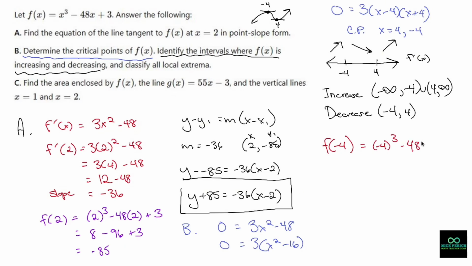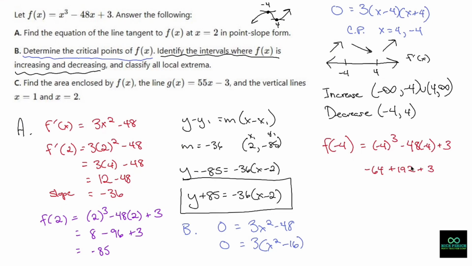minus 48 times negative 4 plus 3. So negative 4 cubed is negative 64. Minus 48 times negative 4 is going to be 192 plus 3.